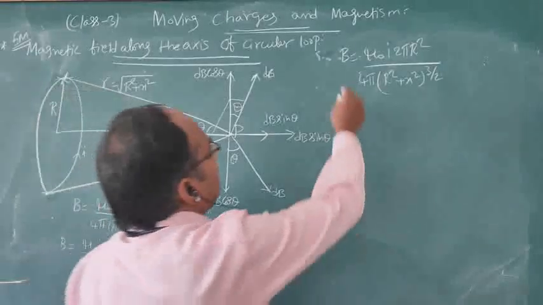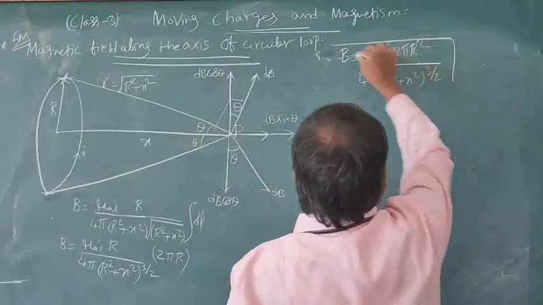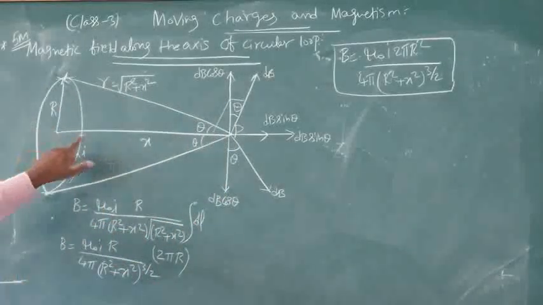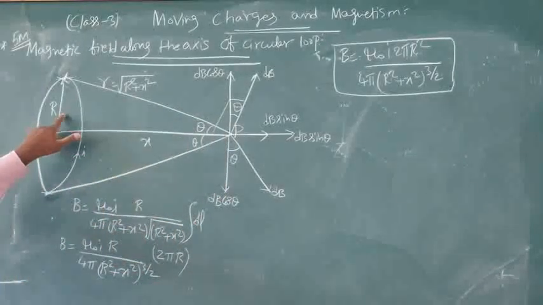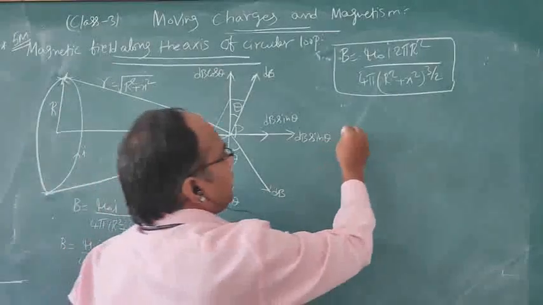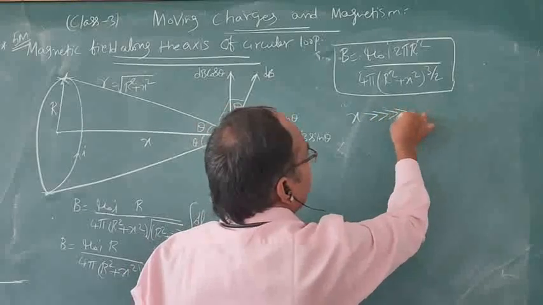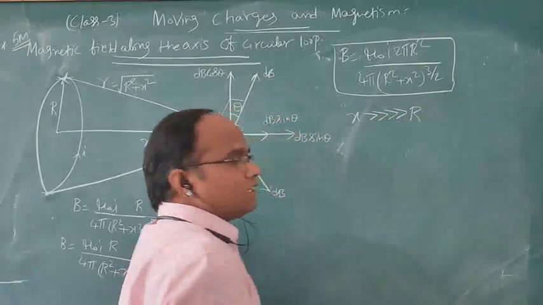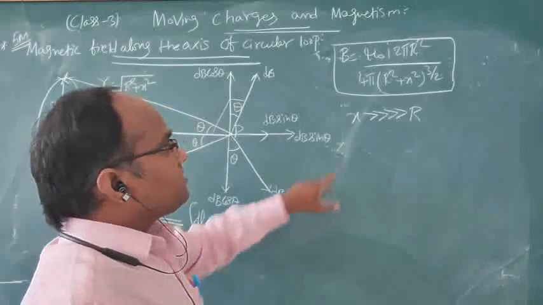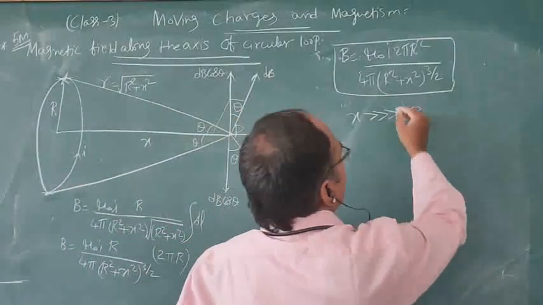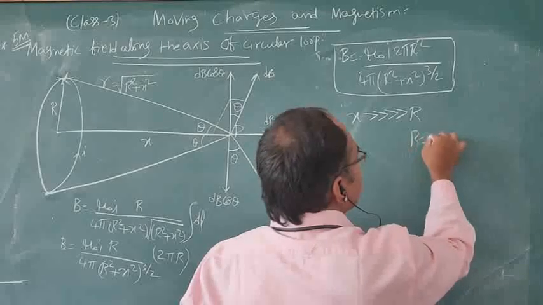Now from this equation, what can we understand? The x distance is far greater than the radius of the circular loop. So x is far greater than the radius. So x distance is more, r is very small, and here we should consider r as 0.